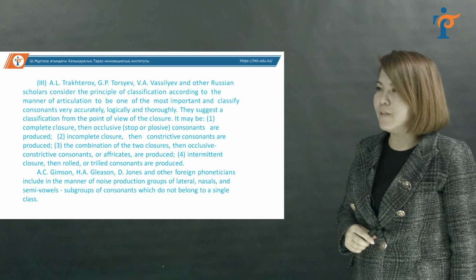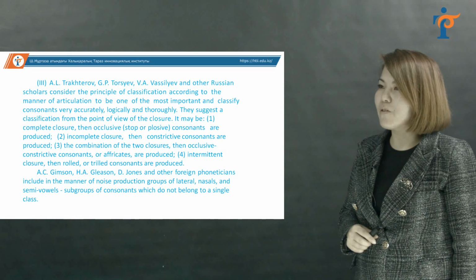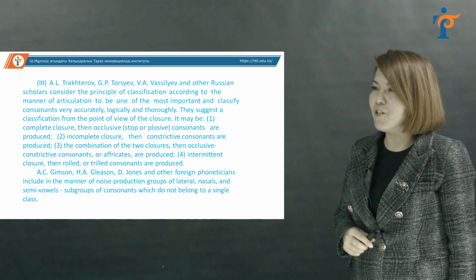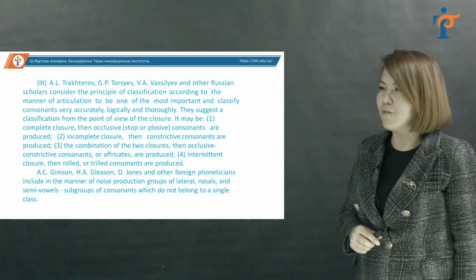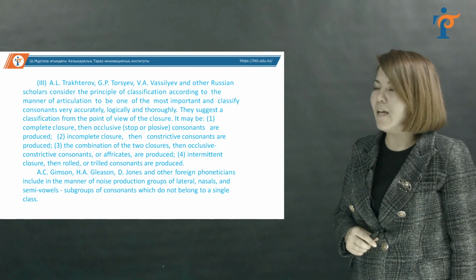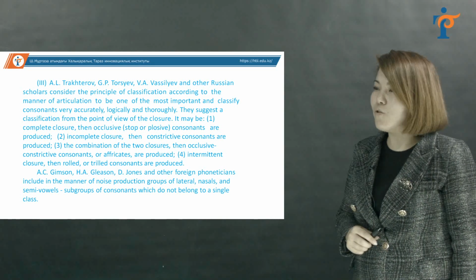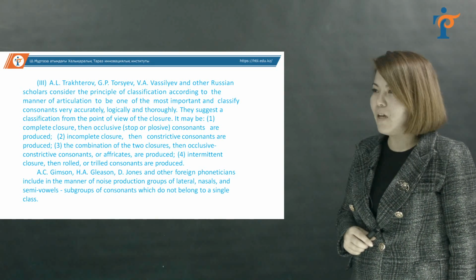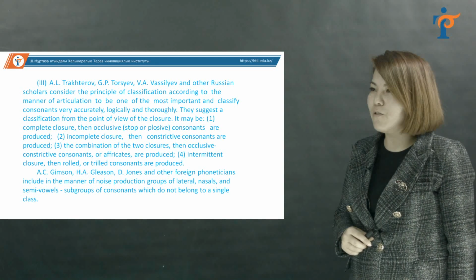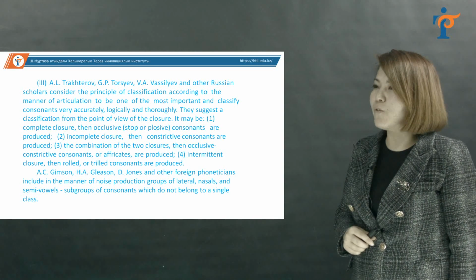Trubetskoy, Torsuev, Vasilyev, and other Russian scholars consider the principle of classification according to the manner of articulation to be one of the most important and classify consonants very accurately, logically, and thoroughly. They suggest a classification from the point of view of closure.